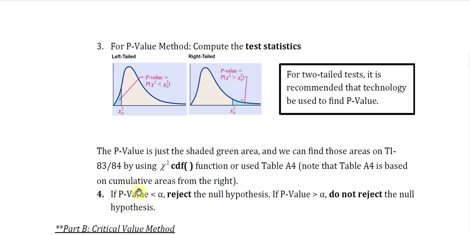Now, if the p-value is less than the significance level alpha, we reject the null hypothesis. If the p-value is bigger than alpha, we do not reject the null hypothesis H0.